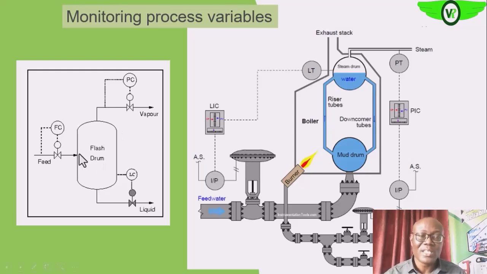So let's take, for example, this process on the left, where fluid is continuously fed into this flash drum. As the fluid is fed into the flash drum, it is coming at a particular pressure. In the drum, it is subjected to a lower pressure, which means that some of the volatile components in the fluid will be flashed out.